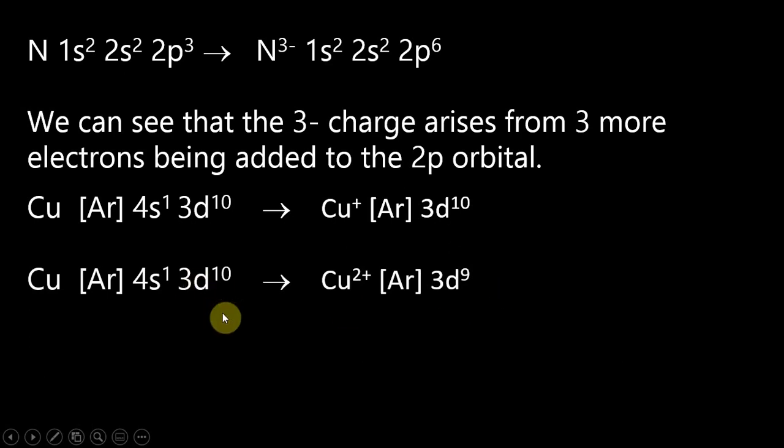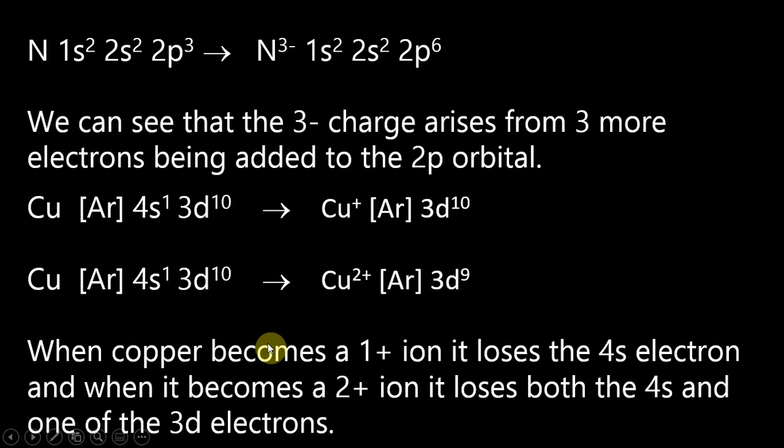At the same time, if we go back to following the rules, and we remove this one plus one of the d electrons, then we end up with this argon 3d9 configuration. We get a 2+ charge on the copper. So these are the configurations for how copper loses electrons to form the two ions that we see as the primary ions for it.